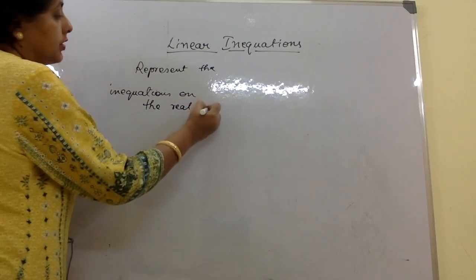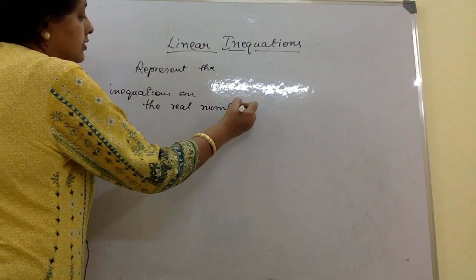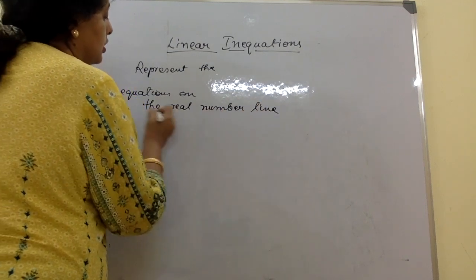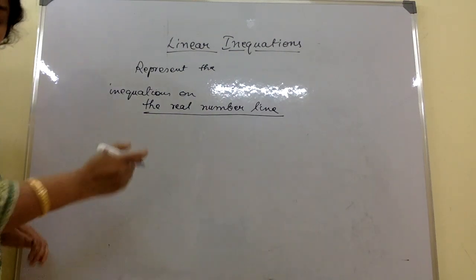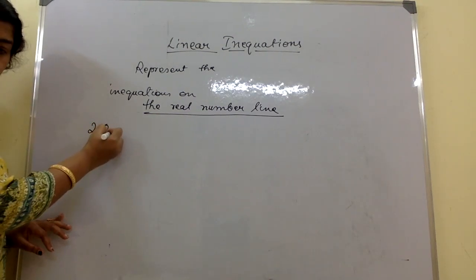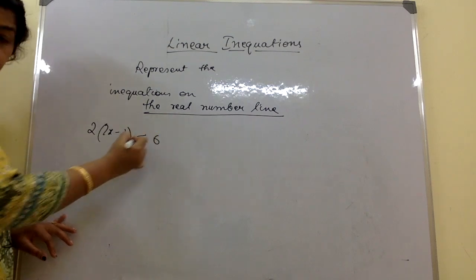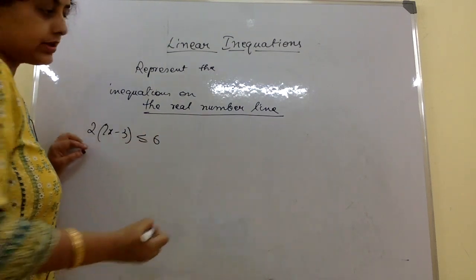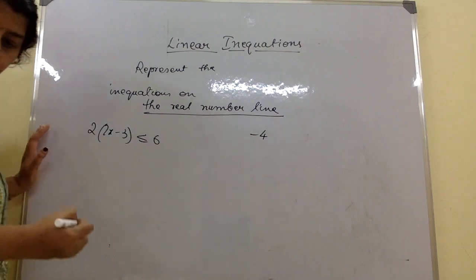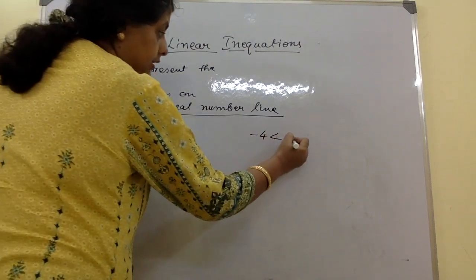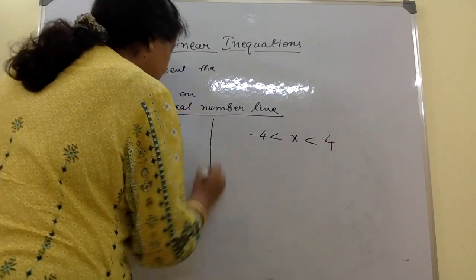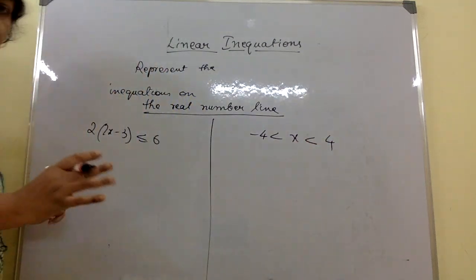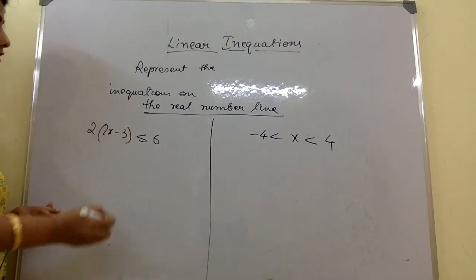So represent the following on the real number line. Let me take up one question here, 2x minus 3 less than or equal to 6, and I shall be taking another one here. Let me take both parallelly so you get a better idea, and less than 4. Okay, so I have two sums here clearly. Now these are pretty small sums, but will give you a good idea about the number lines.